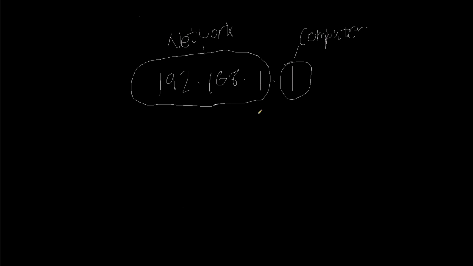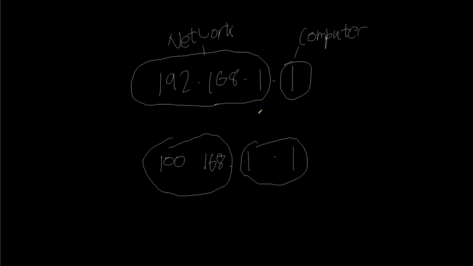So pretty straightforward. However, what you can do, which I'll probably go over at some point in a later video, is that depending on what numbers you have, if you used more or less bits, say we go for a smaller number like 100.168.1.1, it might be that you use these two for the computer part of the address, and these two for the network part of the address.